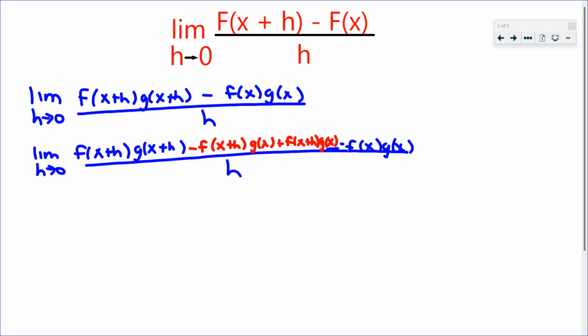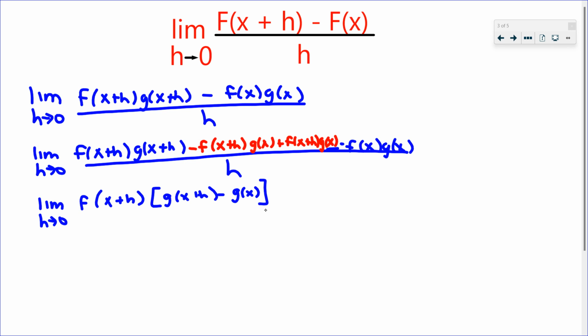So I'm just going to group these into two different pieces. I have the limit as h approaches 0 of, and now I'm going to factor f(x+h) from my first two terms. So that's f(x+h) times g(x+h) minus g(x). So I've just looked at my first two terms and factored that out.